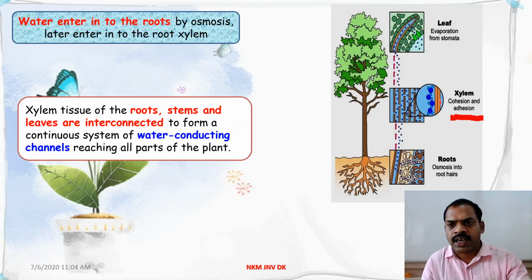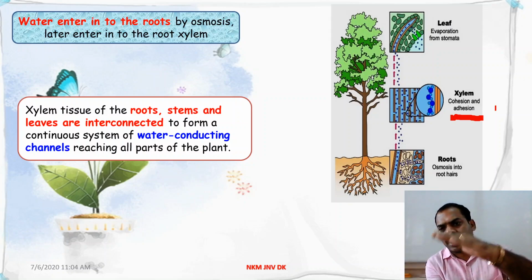That means the hydrogen has a slight positive charge and the oxygen has a slight negative charge of neighboring molecules, so water molecules are connected to each other. That is called cohesive force. Hydrogen bonding, we know.